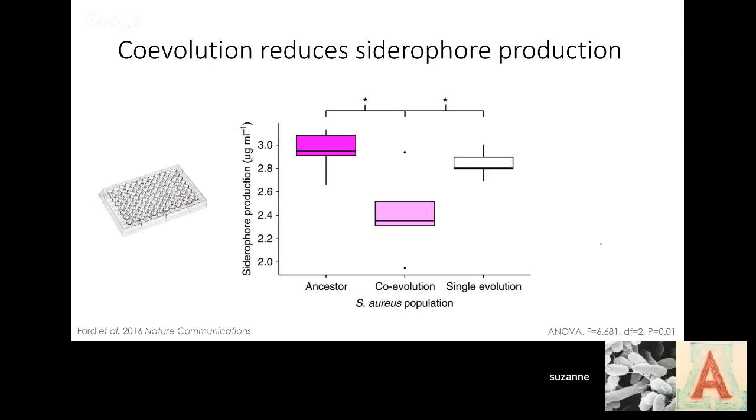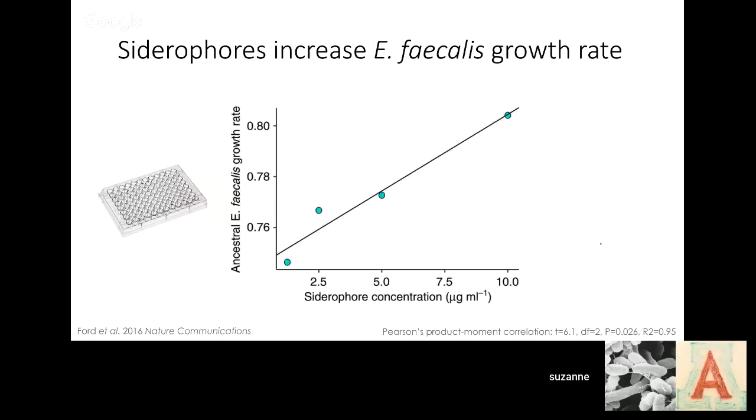So the next thing that I wanted to know was, does this actually have any effect on the defensive symbiont? So I grew the defensive symbiont, the Enterococcus faecalis, in vitro with increasing concentrations of siderophore, using the same range of siderophore concentration that I knew Staphylococcus was producing.